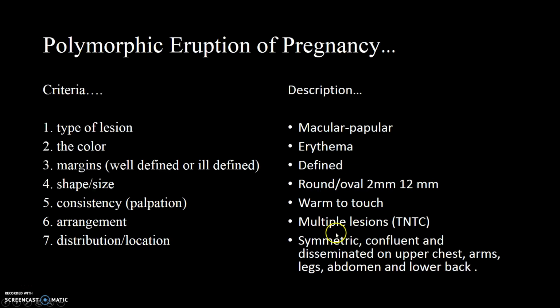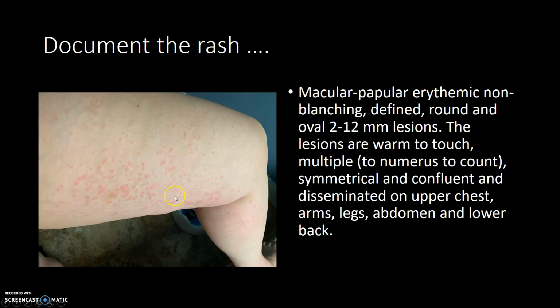It's warm to touch. Multiple lesions, actually too many to count. Symmetric, on both sides of her, confluent in areas, and disseminated on her upper chest, arms, legs, abdomen, and back. And here's a photo of her leg, which looks a little different than her abdomen, where the striae are. So this is how I wrote this for my chart.